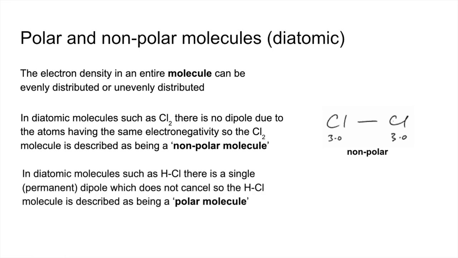In diatomic molecules like HCl, there is a single permanent dipole which doesn't cancel, so the HCl molecule is described as a polar molecule. You can see there the hydrogen has the lower electronegativity of 2.1, chlorine 3.0, and so the chlorine is going to have a greater share of the electron density, and so the dipole is going, in this case, from left to right, slightly negative at the chlorine end, slightly positive at the hydrogen end.